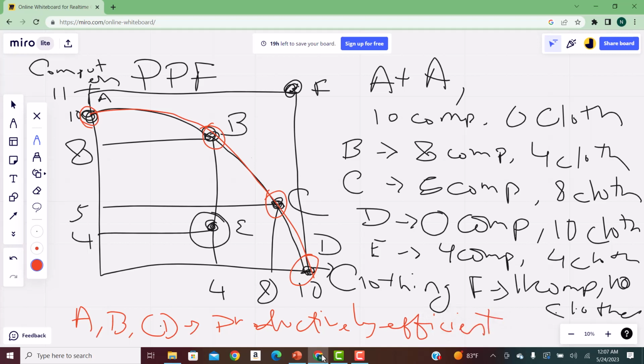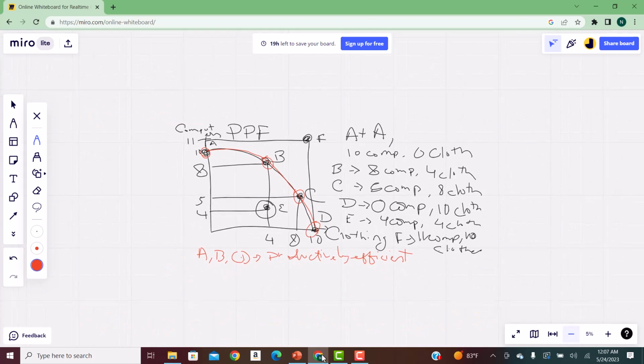It means basically with a fixed amount of resources, we are able to produce the maximum amount of computers and clothing. Of course, we can have different combinations of computers and clothing, but that is the maximum combination possible with that fixed amount of resources. That is the maximum amount of these two goods that can be produced. So A, B, C, and D are productively efficient.